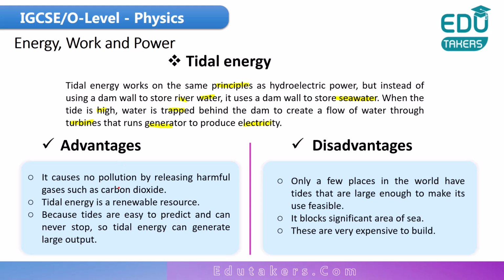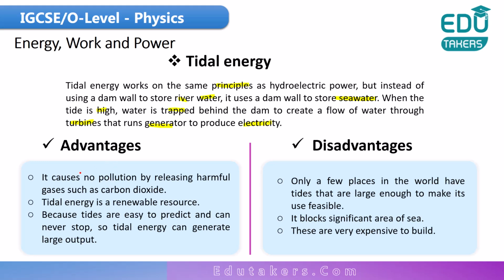Can you tell me whether the energy obtained from the tides is a renewable or non-renewable resource of energy? Of course, it is a renewable source of energy because the tides keep occurring. So tidal energy is a renewable resource of energy.